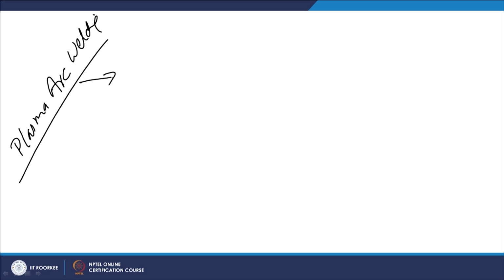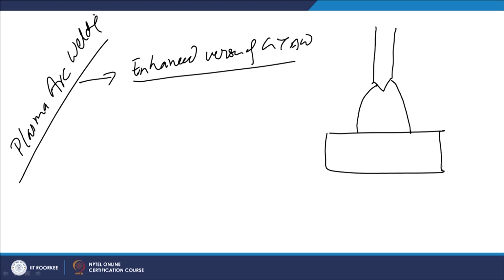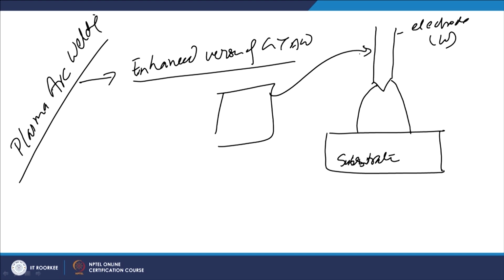So, plasma arc welding is we can say an enhanced or advanced version of the GTAW process, gas tungsten arc welding process, because in plasma also we use one tungsten electrode and an arc is established between the electrode, which is made of tungsten, and the substrate, and the power supply negative terminal is connected to the electrode and the positive terminal of the power source is connected to the substrate.